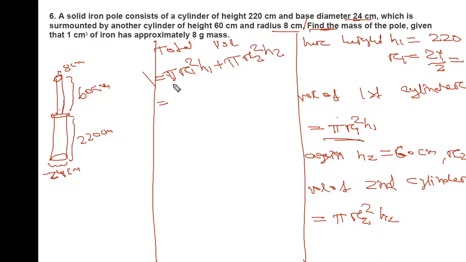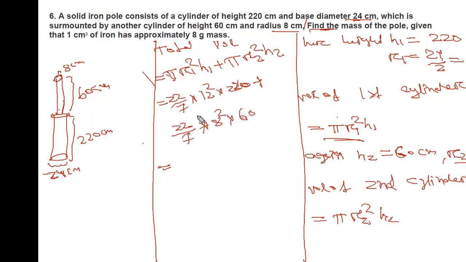now you can put the values, pi is 22 by 7 into r1, here we have r1 12 square into h1 is 220, plus again pi 22 by 7 into r2, 8 cm, 8 square into h2 is 60.